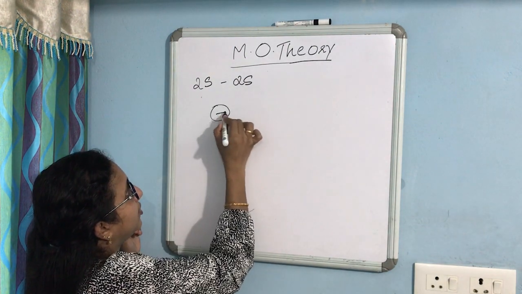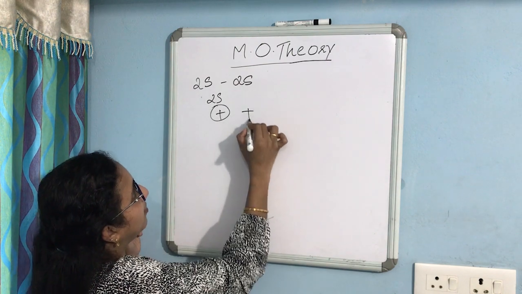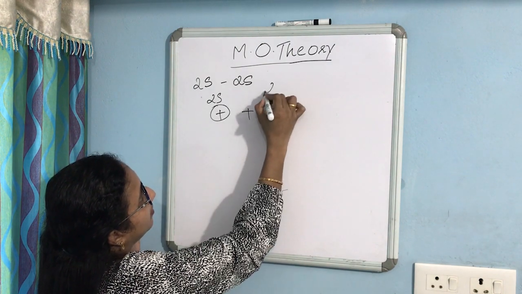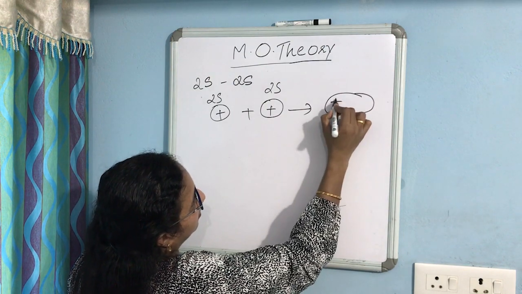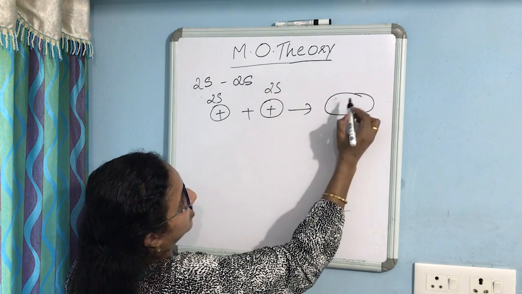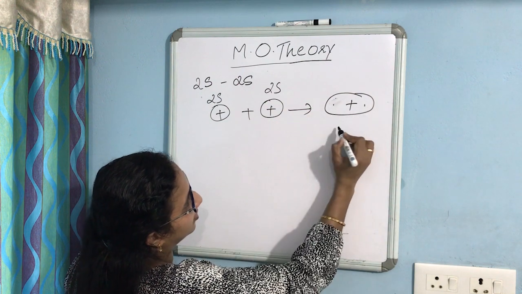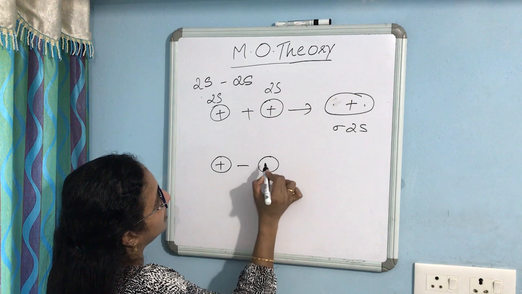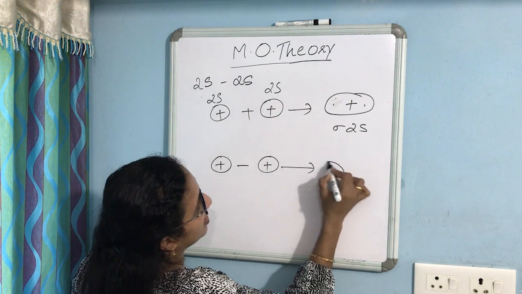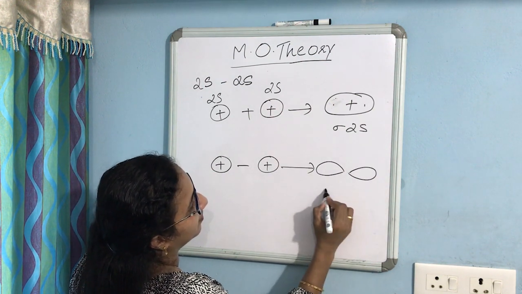So we can say 2s atomic orbitals combine by addition to give sigma 2s. We can represent it in this way, sigma 2s with 2 electrons, and they combine by subtraction to give sigma star 2s.